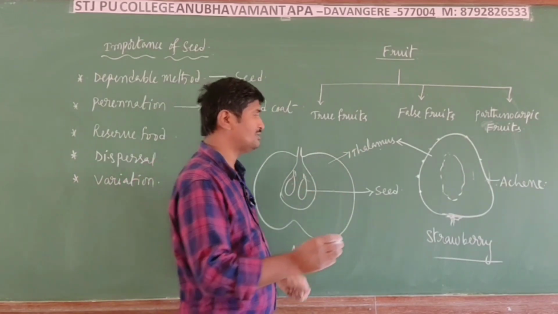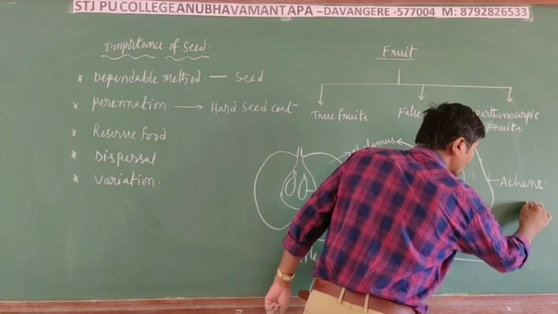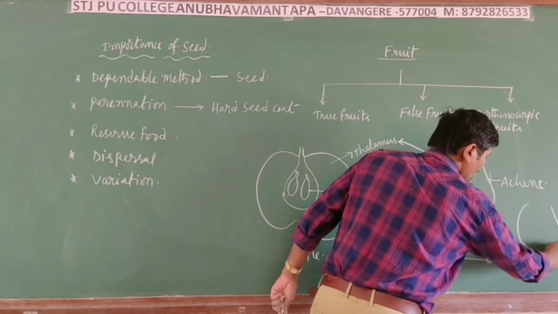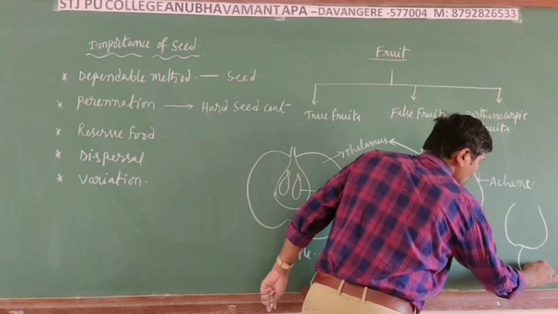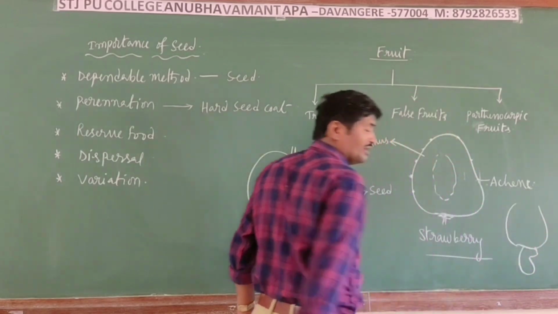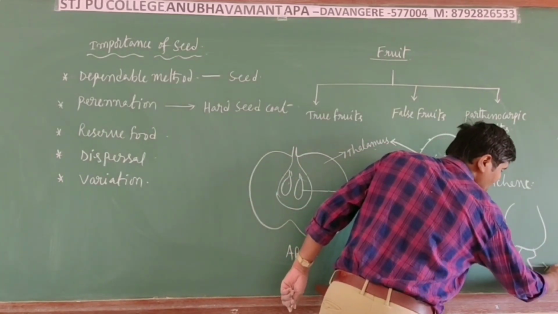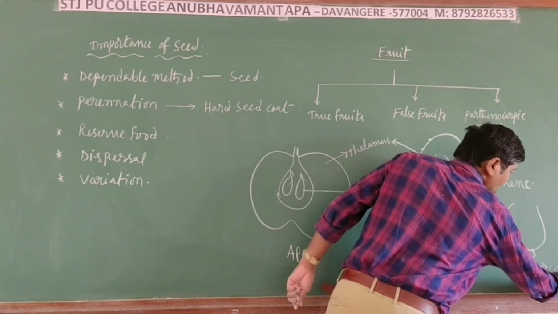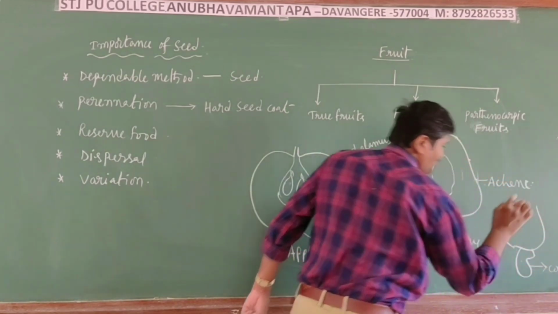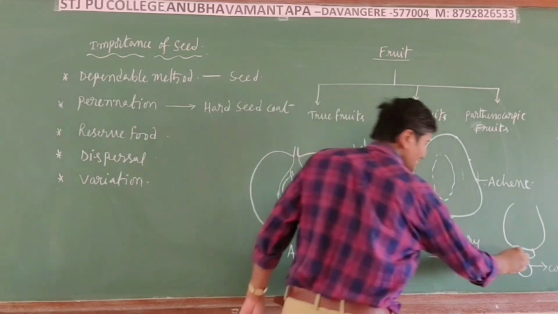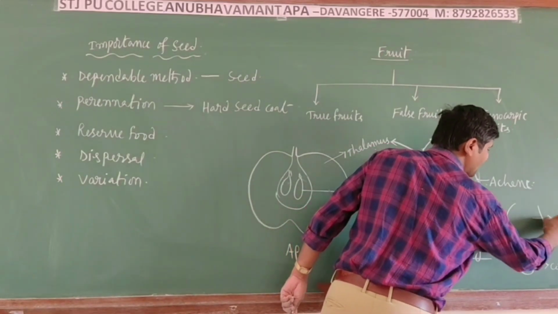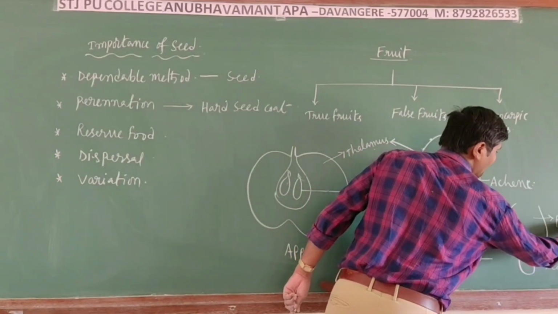One more is there: cashew nut. See here. In cashew nut, the edible portion is the cotyledons, developed from the ovary. This is known as the pedicel.